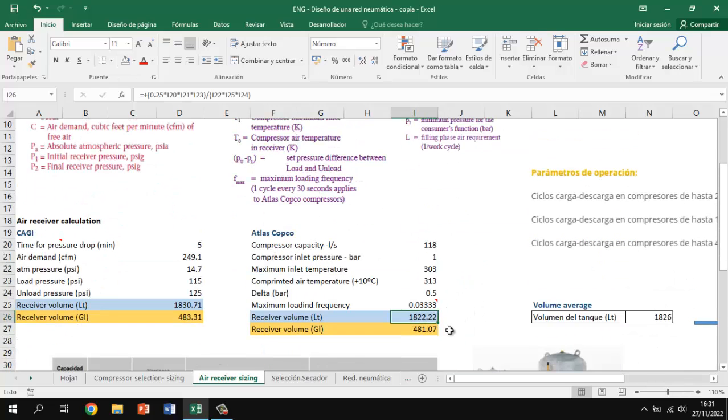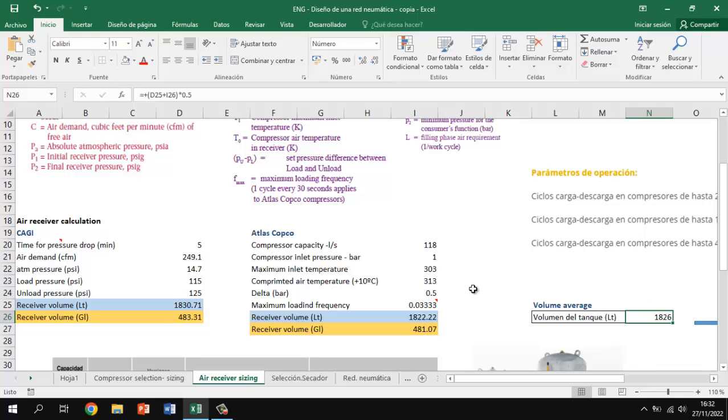Well, as you can see, maybe you're asking, so which volume should I select? Don't be afraid with this, just take the average. That's the reason why here is the average volume. So it's 1826 liters.